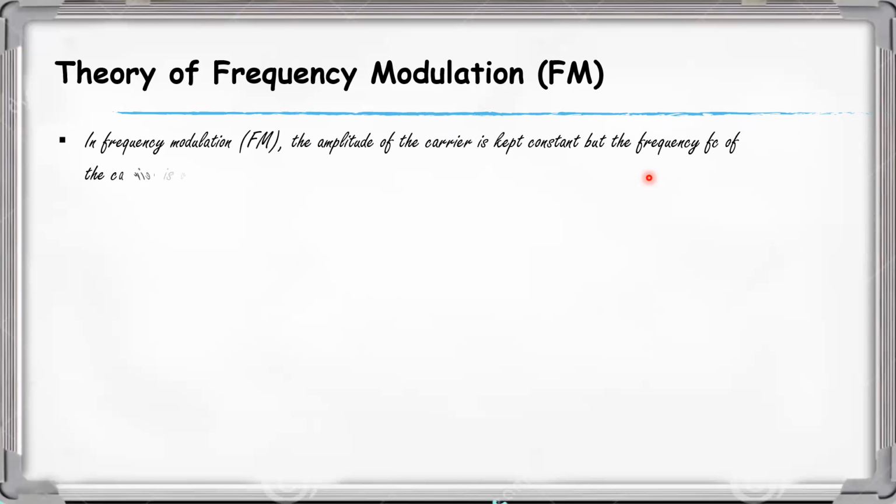In frequency modulation, the amplitude of the carrier is kept constant, but the frequency of the carrier is varied by the modulating signal. That is, here we consider the frequency of the carrier wave as Fc.